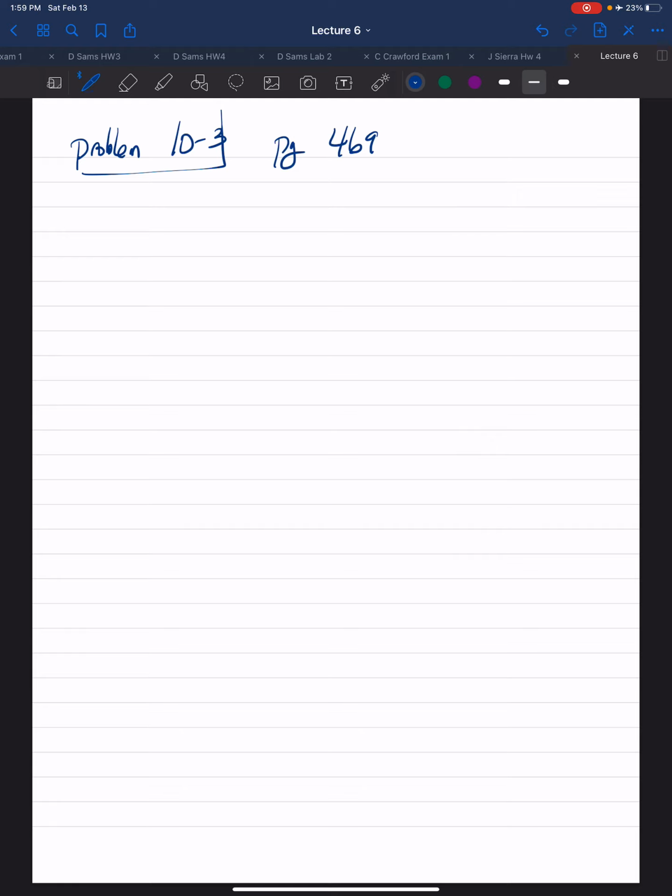Here we have an aluminum shaft and its allowable shear stress equals 100 megapascals.